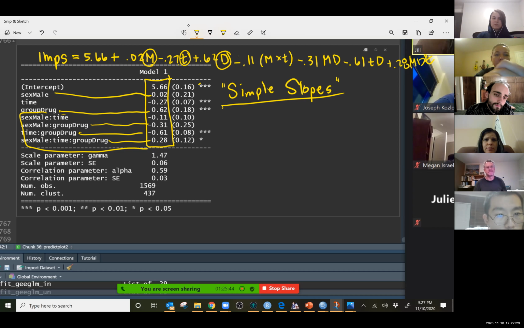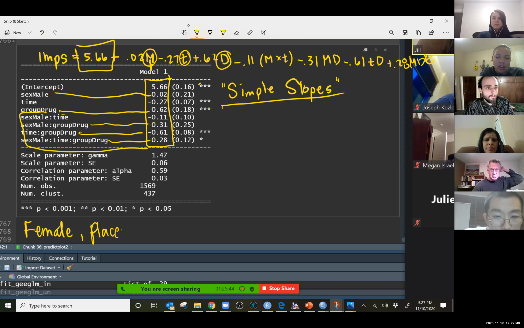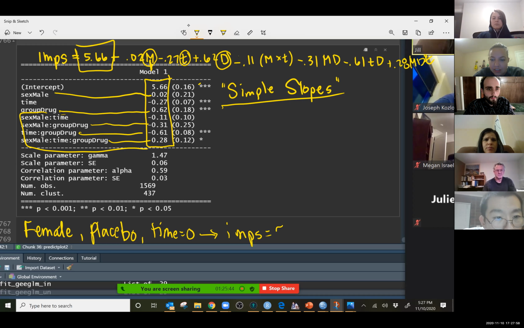What is this intercept? 5.66. That's if we plug in 0 for everything. So for the sex variable, how do we make that 0? That's if they're a female. So a female taking the placebo at time 0 would have an illness severity of 5.66.